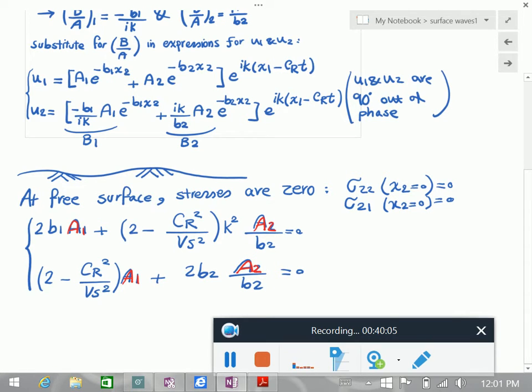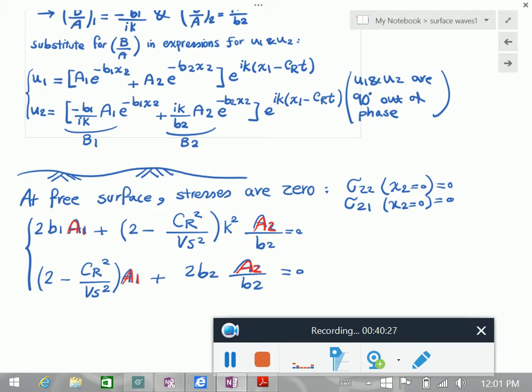For a non-trivial answer, when A1 and A2 are both 0, this is trivial. If we don't want that, we have to make sure that the determinant, if you look at this as a matrix equation, is 0. You know what I'm talking about, right?